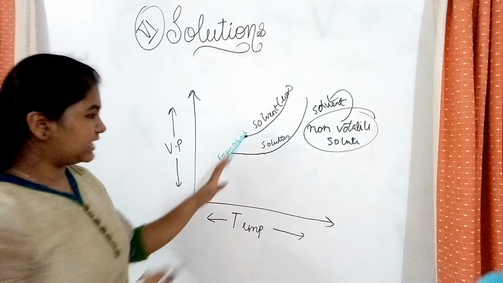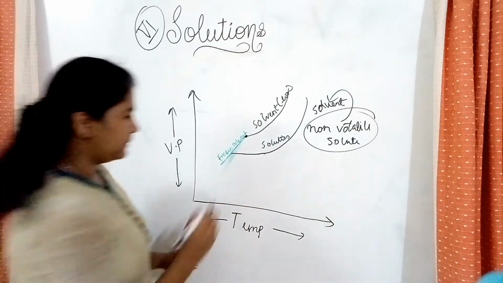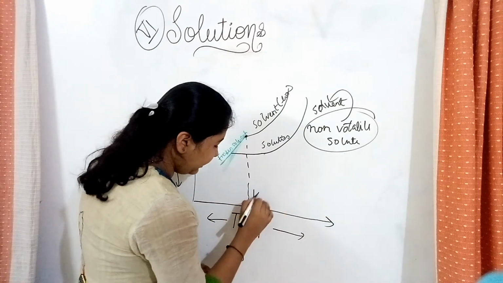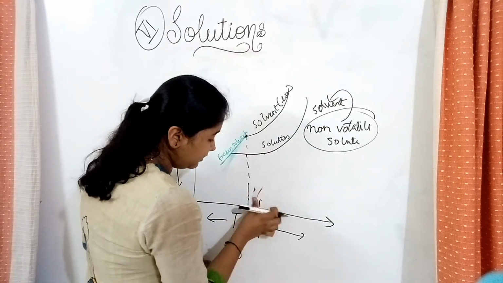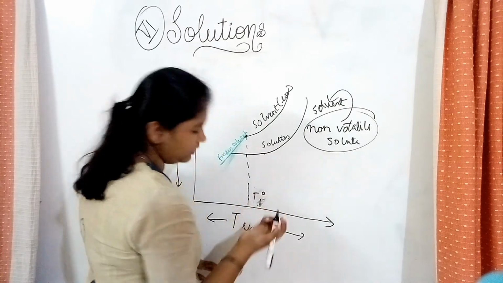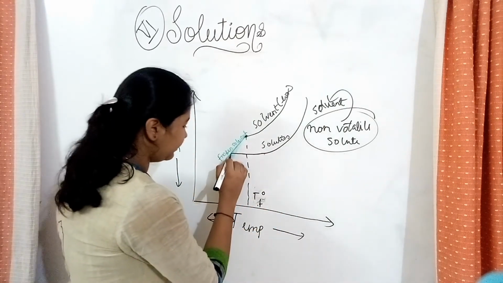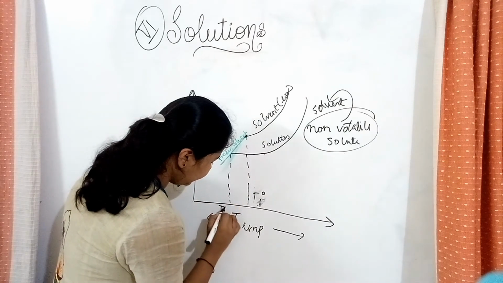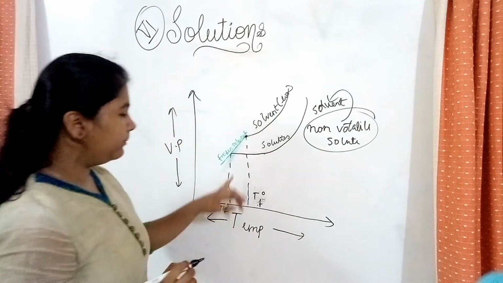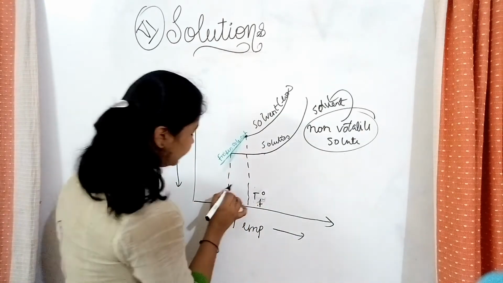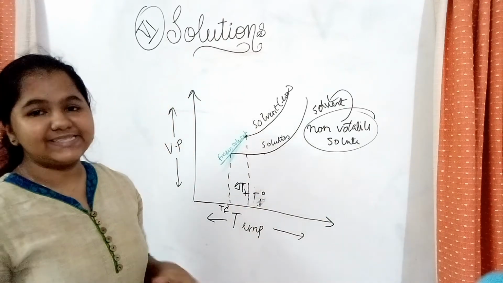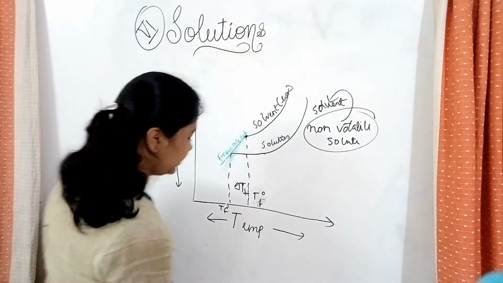From here, let's mark the temperatures. This is T_F, and the difference between these two is delta T_F. Now let's derive the equation.